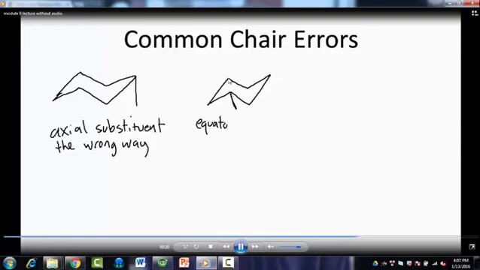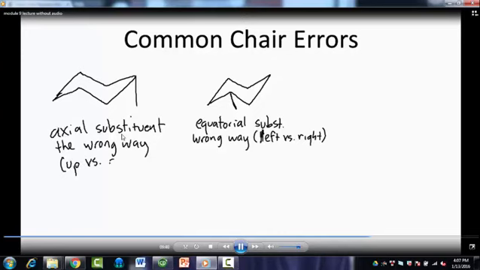Well, it should be parallel to these two lines at the ends, that one and that one. And that means it should go down and to the left, not down and to the right. So people will often draw their axial substituents the wrong way, up versus down, or their equatorial substituents the wrong way, left versus right. Try not to make those errors.